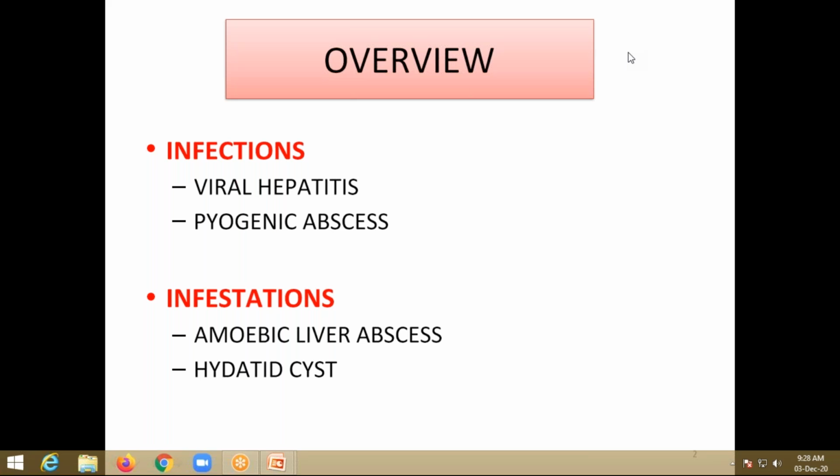So what are the common things related to the liver which you come across in day-to-day life? It is hepatitis.